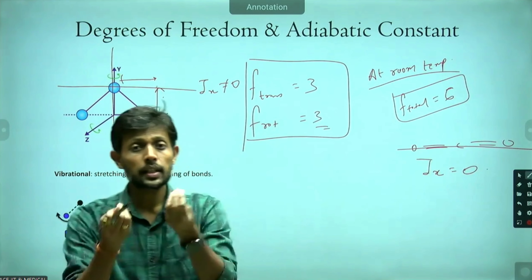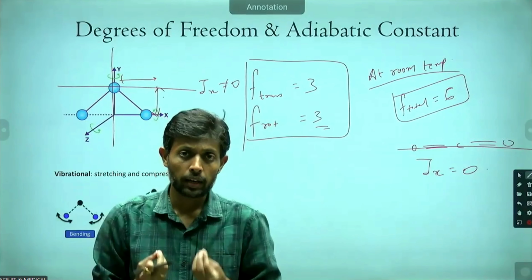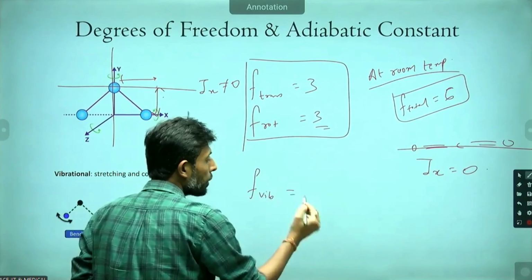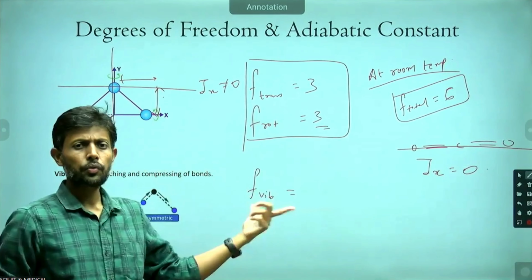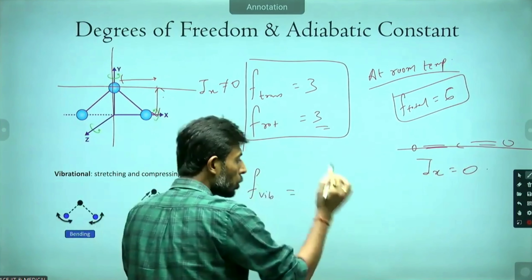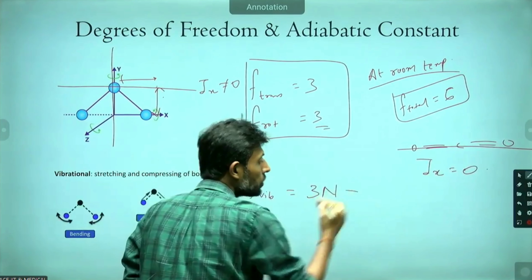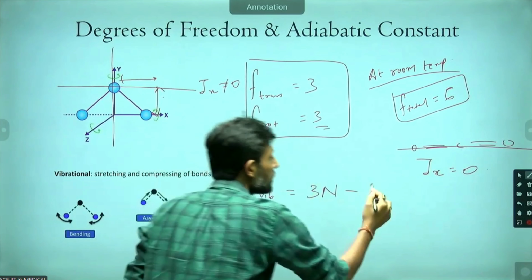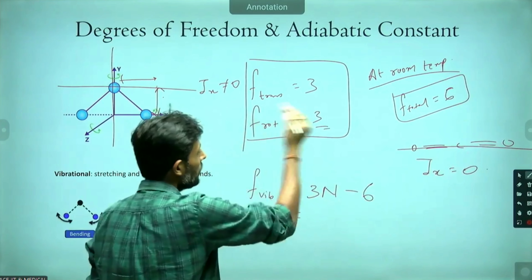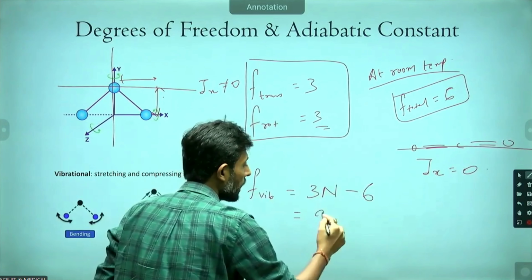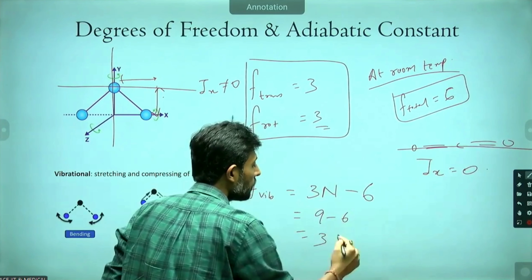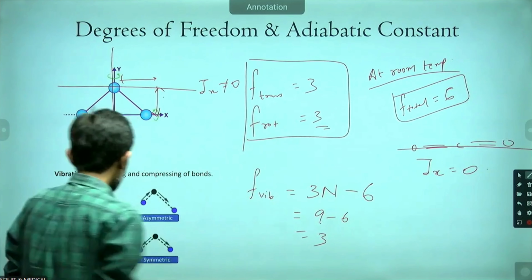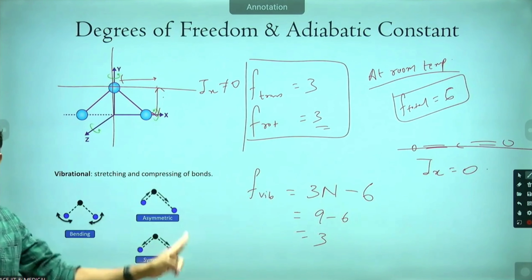Now, if you increase the temperature, vibrational modes are going to get excited, and the number of degrees of freedom for vibrational mode would be given by 3n minus 6 this time. 3 plus 3, 6. So there are 3 atoms, so we would say 9 minus 6, so 3 vibrational modes are possible in this case. You can see, these are the 3 vibrational modes.